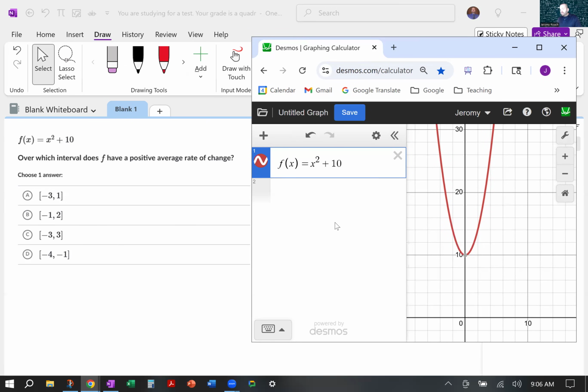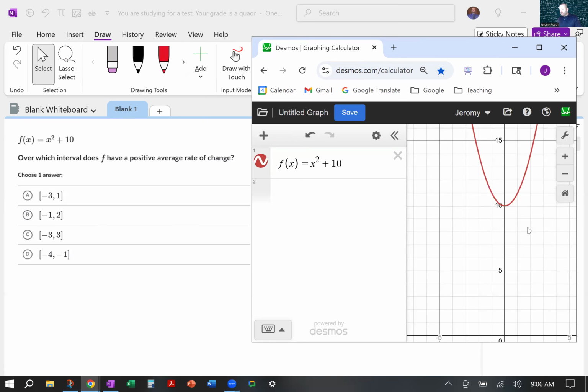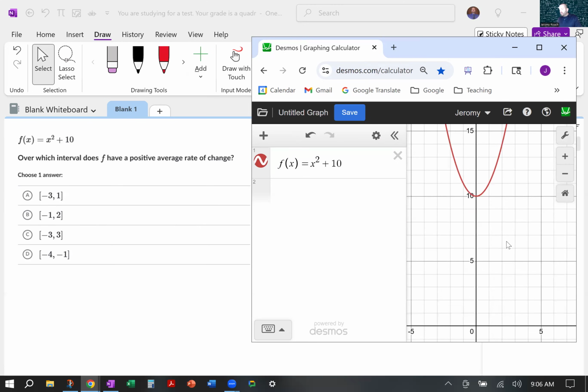If we check B, -1, let me zoom in so we can look at the right scale. Each one of these spaces is now 1 because I zoomed in. So now -1 is right here, and going to 2 is here. That looks like it would be positive. It's increasing.